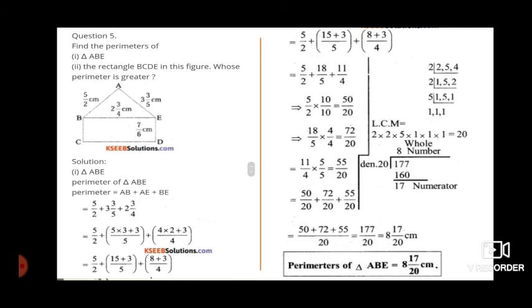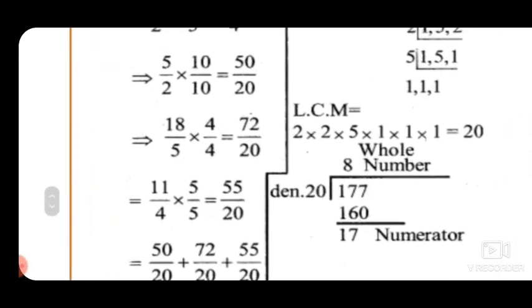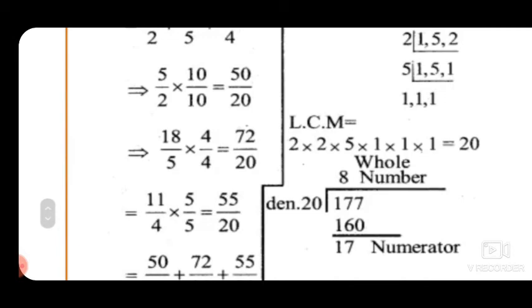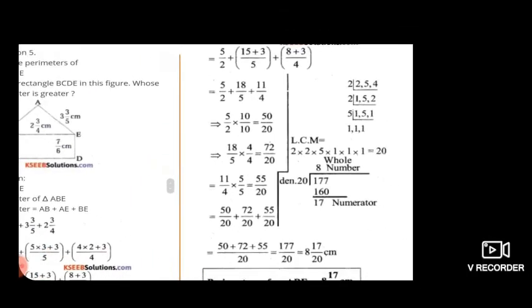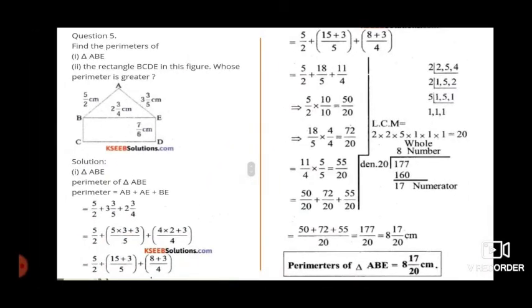We have to convert it into a mixed fraction by doing a division. 20 into 177: 8 twenties are 160. So 8 is the whole number, 17 the remainder is the numerator, and the denominator is 20. So we get 8 17 by 20.